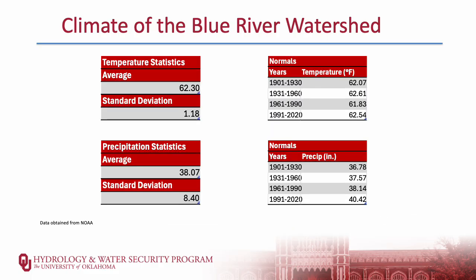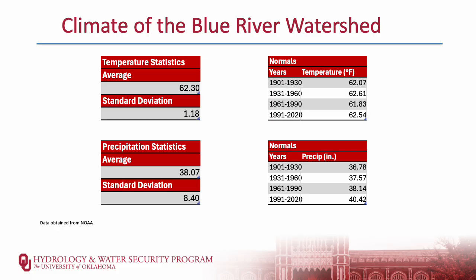Okay, and here we have some climate data for the Blue River watershed. This climate data was obtained from the NOAA and is from the South Central Climate Zone in Oklahoma. For the time series of 1895 to 2025, the average annual temperature was 62.30, with a standard deviation of 1.18, and on the right we have the normals for 1901 to 1930 and so on.